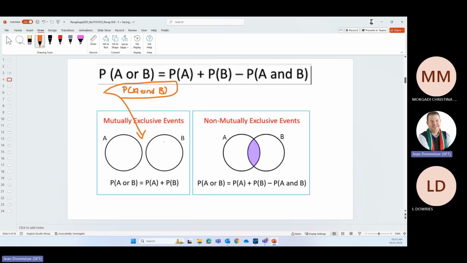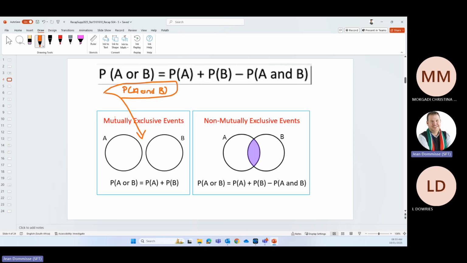When it's not mutually exclusive, you will see that there is a bit that can be linked to the probability of A and a bit linked to the probability of B. Okay, so that basically is the big difference between mutually exclusive and not. So mutually exclusive events, the AND is always equal to 0.